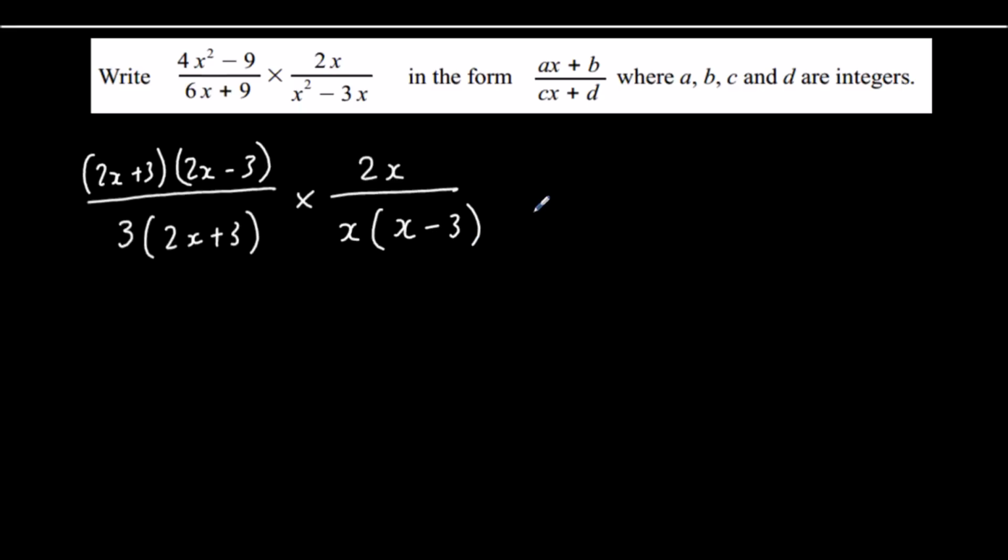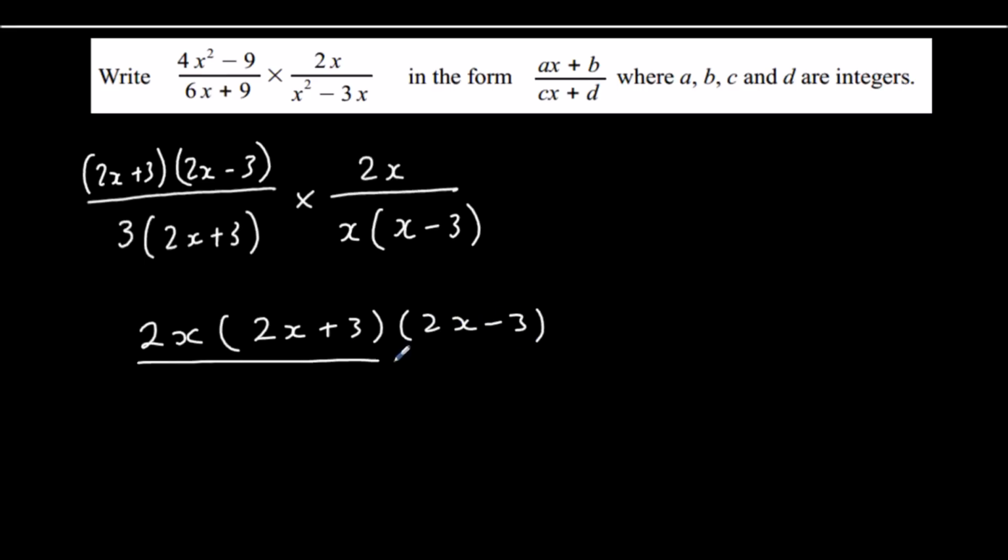So times the top times the bottom. We'll do that first, and then we'll cancel out after. So 2x times (2x plus 3) times (2x minus 3) on the top, and 3x times (2x plus 3) times (x minus 3) on the bottom.